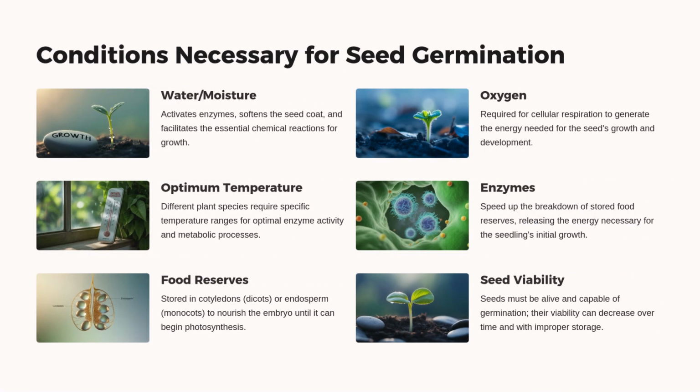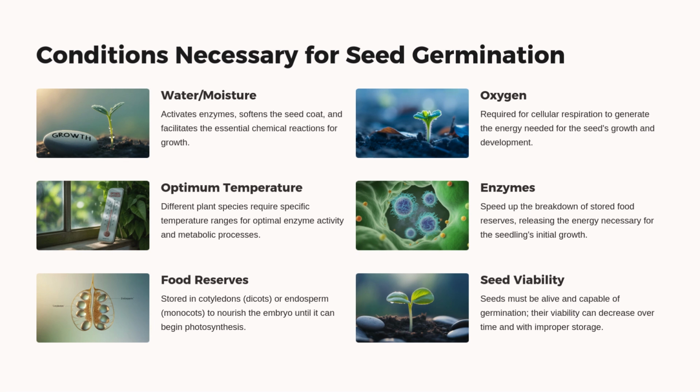Conditions necessary for seed germination. Water or moisture. Activates enzymes, softens the seed coat, and facilitates the essential chemical reactions for growth. Oxygen. Required for cellular respiration to generate the energy needed for the seed's growth and development. Optimum temperature. Different plant species require specific temperature ranges for optimal enzyme activity and metabolic processes.